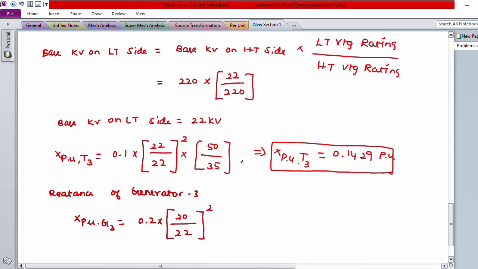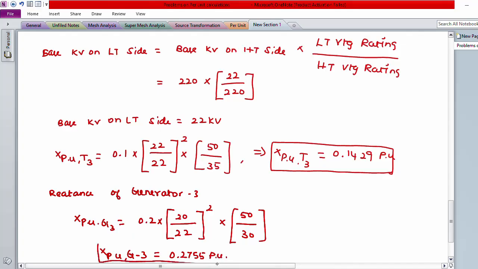So 20 divided by 22 the whole square into MVAB new is 50, MVAB old is 30. If we simplify this, X per unit G3 equals 0.2755 per unit.